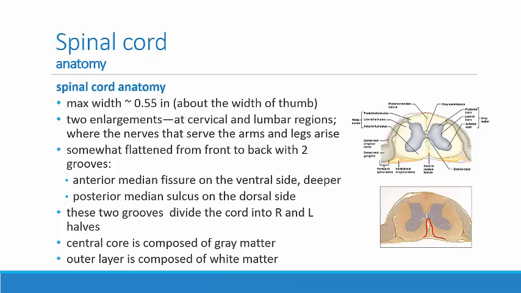So here's the sulcus, but that anterior median fissure is fairly large and very visible, where the sulcus is a little less visible. And they divide the spinal cord into a right and a left half. So if this is anterior, then this would be the left half, and here's the right half.